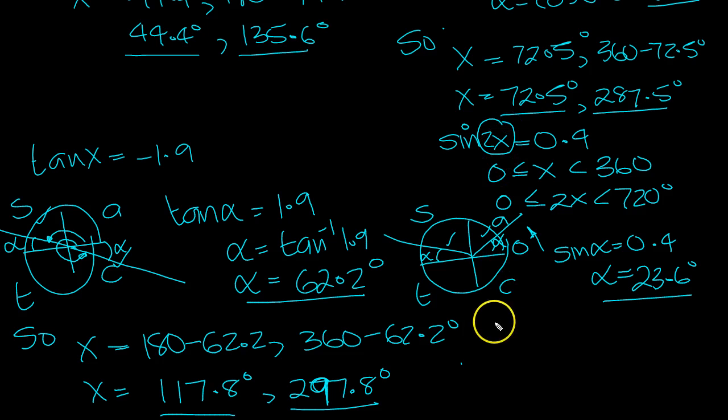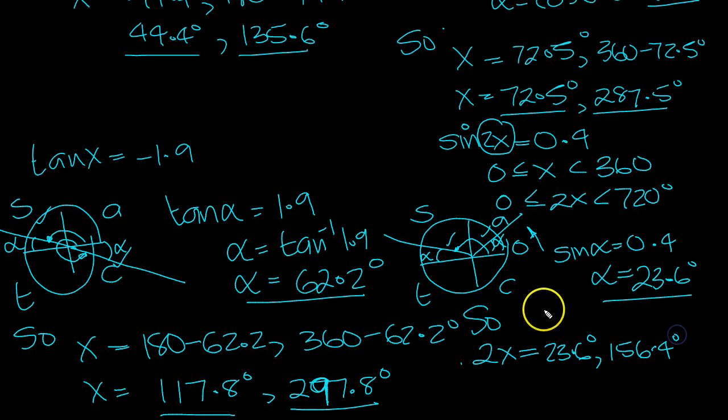So let's work out our solutions for our angle. Now this time our angle is 2x, so 2x is equal to then, let's go around to the first one, 23.6 degrees. And then the next one is round to here, 180 minus 23.6, which is 156.4. That's that one. Then we can go right round here, 360 to here, 360 plus the alpha, so that's 383.6.